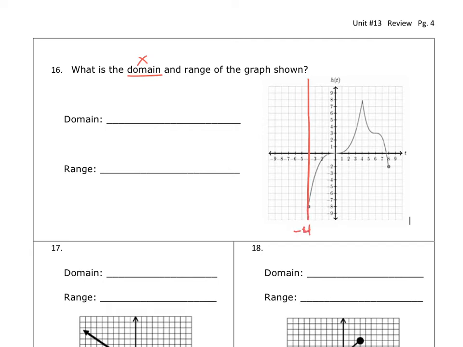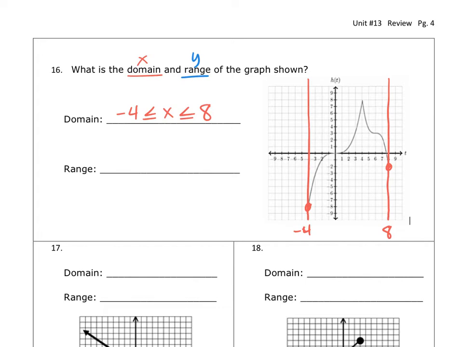And then my highest possible is over here with 8. And I've got a dot that touches, so they're both equal. So then my domain becomes negative 4 is less than or equal to x, which is less than or equal to positive 8.